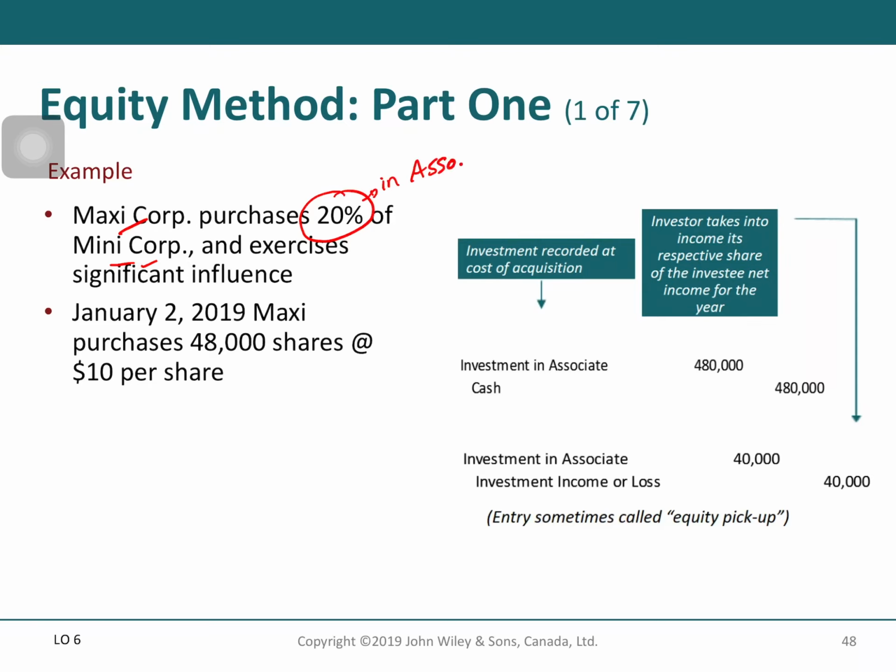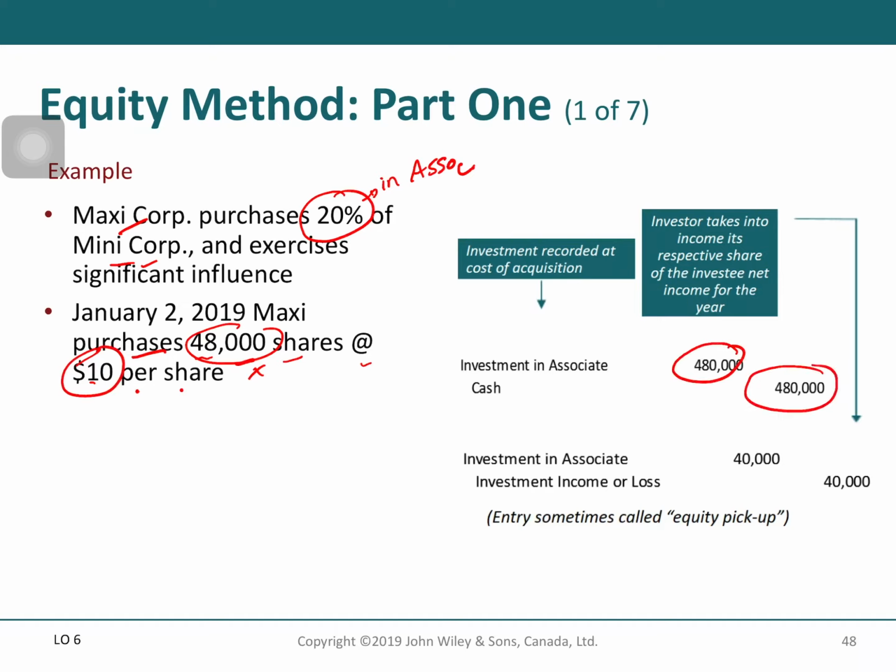Okay. January 2nd, 2019, your company purchased 48,000 shares at $10 per share. Okay, you buy 48,000 shares and the price is $10 per share, meaning this number multiplied by this number is $480,000.